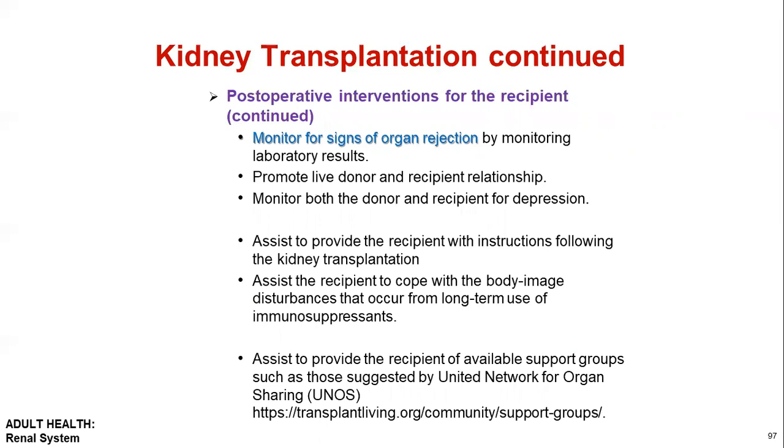There are three types of rejection, called hyperacute, acute, and chronic. Usually hyperacute rejection occurs within 48 hours of surgery. Acute rejection occurs within 1 week to 2 years, and chronic rejection occurs gradually, right?